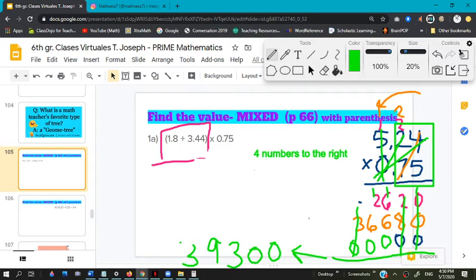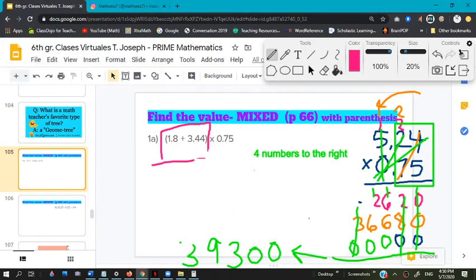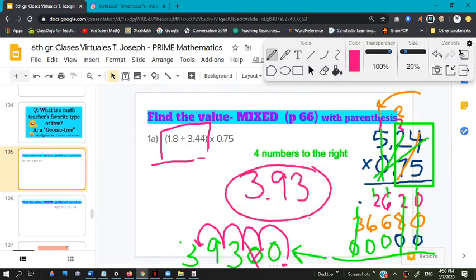So we're going to move our decimal point over 4 spots. 1, 2, 3, 4. So our answer, boys and girls, is going to be 3.93. We don't need those extra zeros. Those go away.